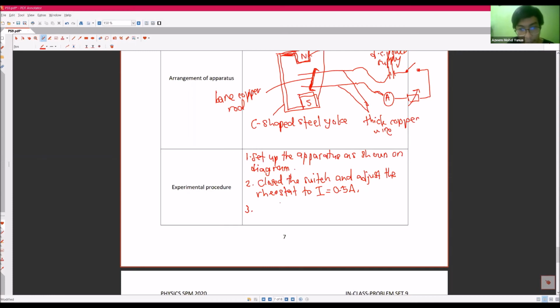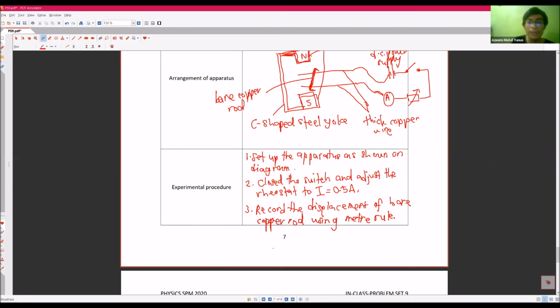Number 3: record the displacement of the copper rod using a meter rule. Make sure that you state the measuring instrument.